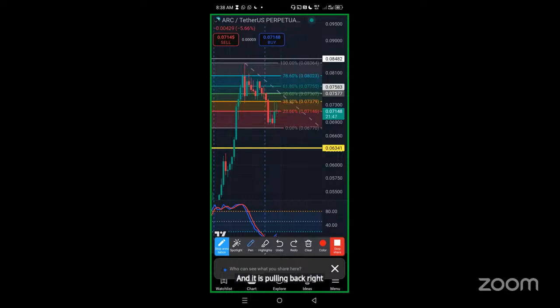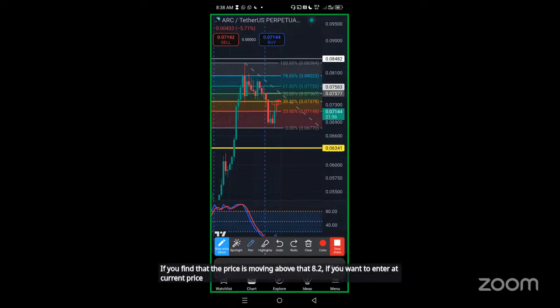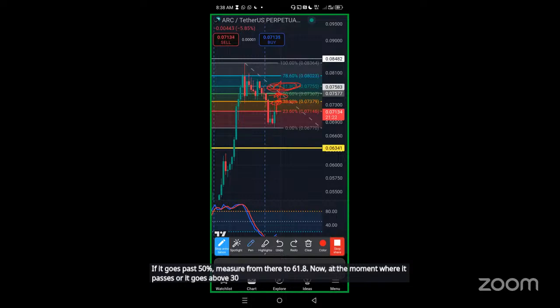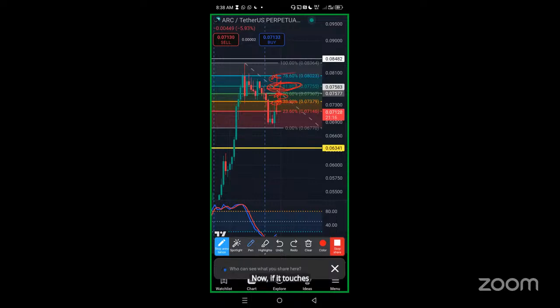You can make entry and take profit to this 38.2. If you find that the price is moving above 38.2, if you want to enter at current price, measure from there to 50%. If it goes past 50%, measure from there to 61.8. Now, at the moment where it goes above 61.8, then take profit to 78. Now, if it touches this, take profit to 100.